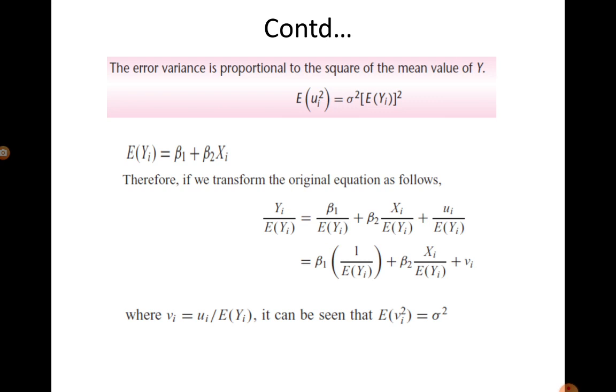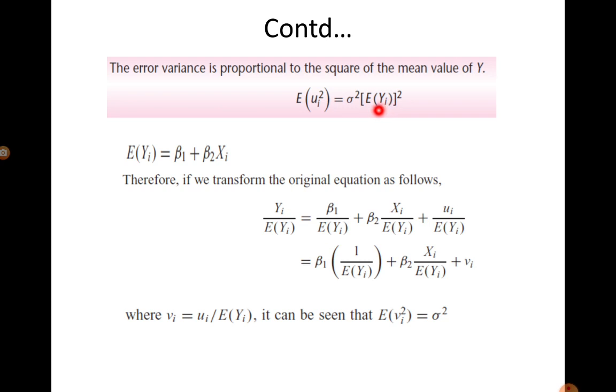Another assumption that you can make about the pattern of heteroscedasticity is that the variance of the error term is proportional to the square of the mean value of y. So that is, corresponding to every xi value, you can estimate the mean yi. And you're saying that the spread of the error term around this mean value is proportional to the square of it.